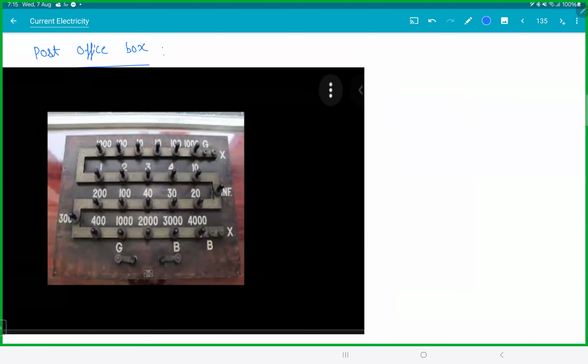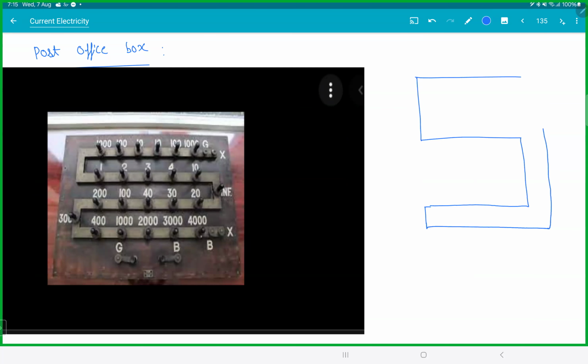That S shape you'll have. So the idea here is, so here you have these plugs.